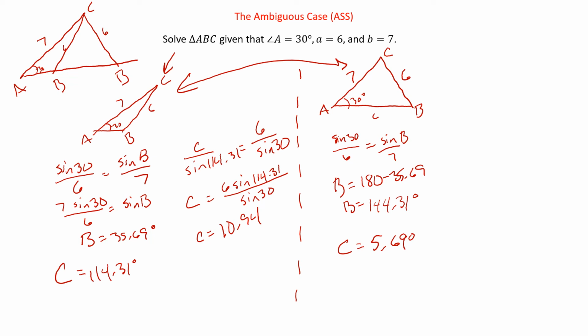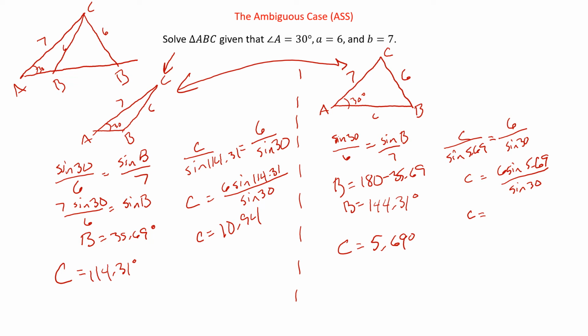And then we can find side C. C over sine of 5.69 equals A, which was 6 over sine of 30. We can multiply that sine of 5.69 over, and then we can do the calculations.